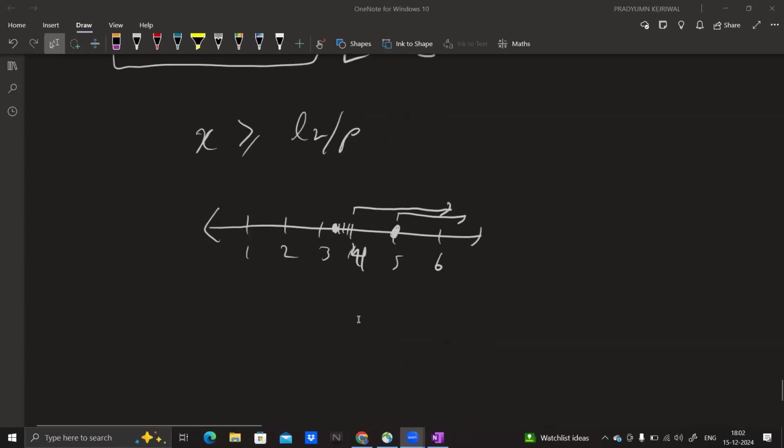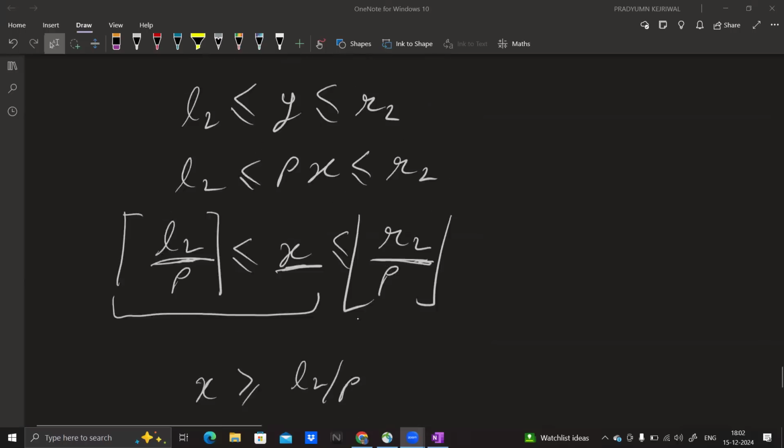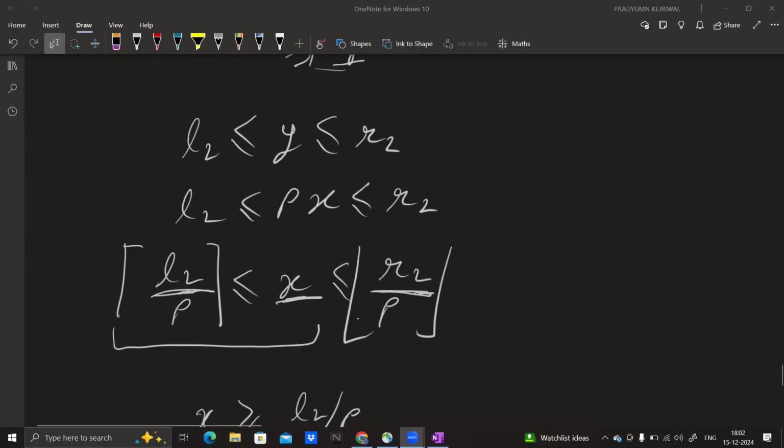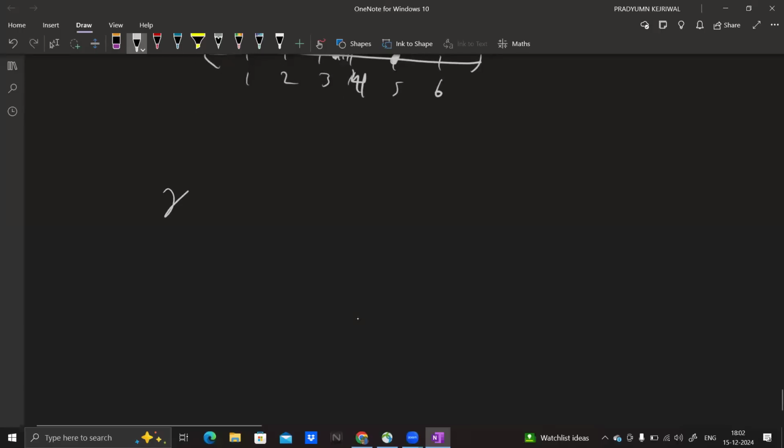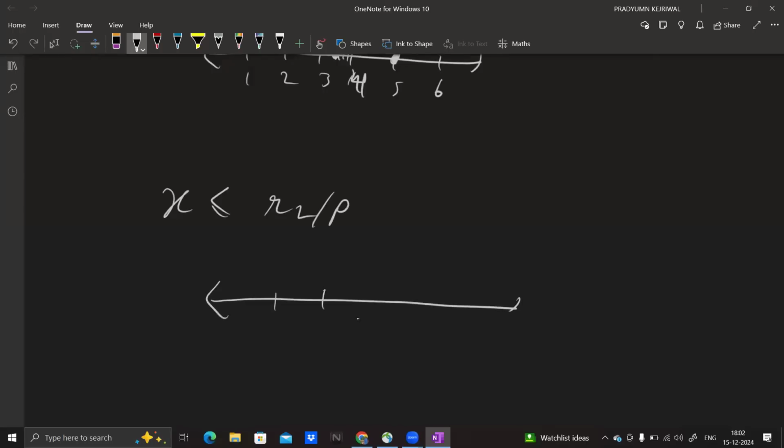Yes, okay. That was the first one. For the second one, we want x to be less than or equal to R2 by P. Let's say R2 by P is somewhere here.